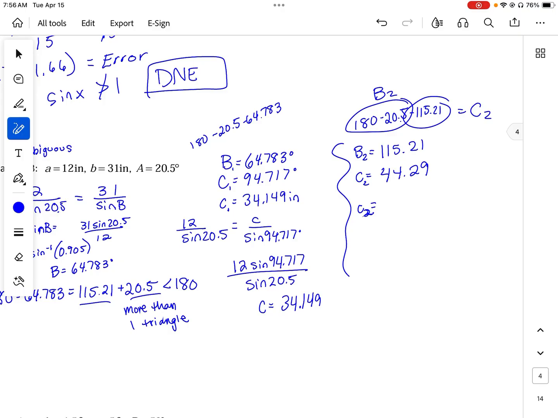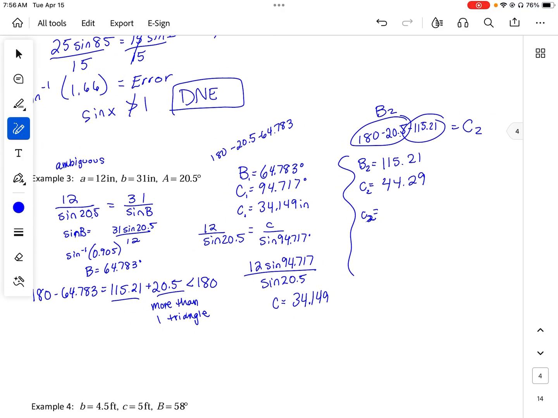All right, so we're going to do basically the same thing that we just did, but with a different angle. So we're going to do 12 over sine 20.5 because we still have the same angle A, side A, and side B. So this equals C over sine 44.283.